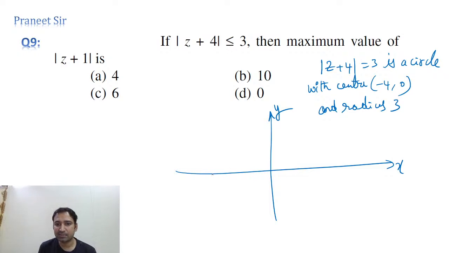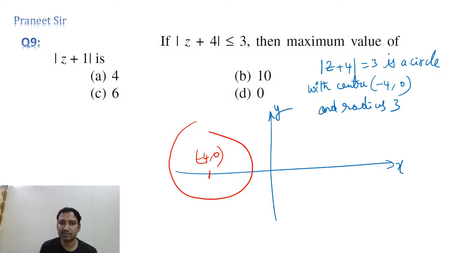The center is at minus 4 comma 0, and the radius is 3 units, so the circle should be something like this. It intersects the x-axis at minus 1 comma 0 and again at minus 7 comma 0.